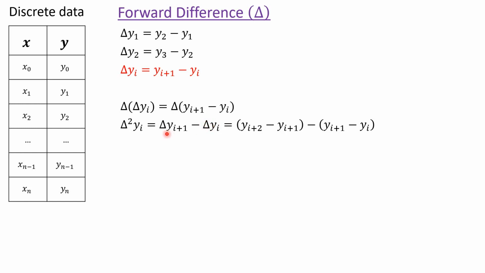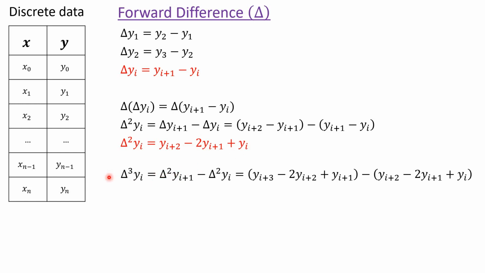Now del of y(i+1) will be y(i+2) minus y(i+1), minus del of yi, which is y(i+1) minus yi. This gives us del square yi equal to y(i+2) minus 2 times y(i+1) plus yi.